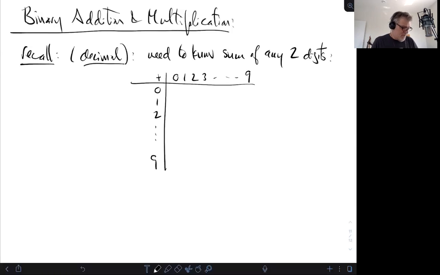And so, for example, if I take 6 and 7 in that table, I need to know what 6 plus 7 is. That's 13, so that would be 3 and a carry of 1. Right?